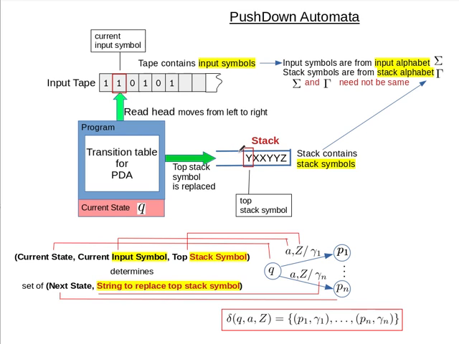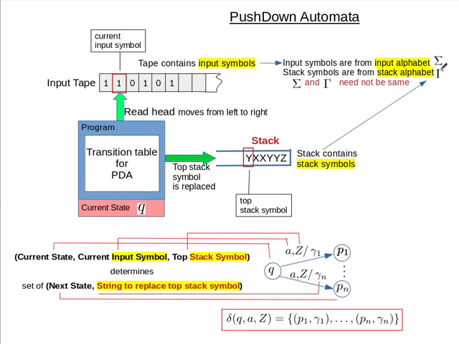And another crucial thing to notice is that here these input symbols are coming from what? The input alphabet, right? This we saw in finite automata, and we use this sigma for that alphabet. Now here in the stack also we are manipulating some symbols. So these symbols are coming from a different alphabet.